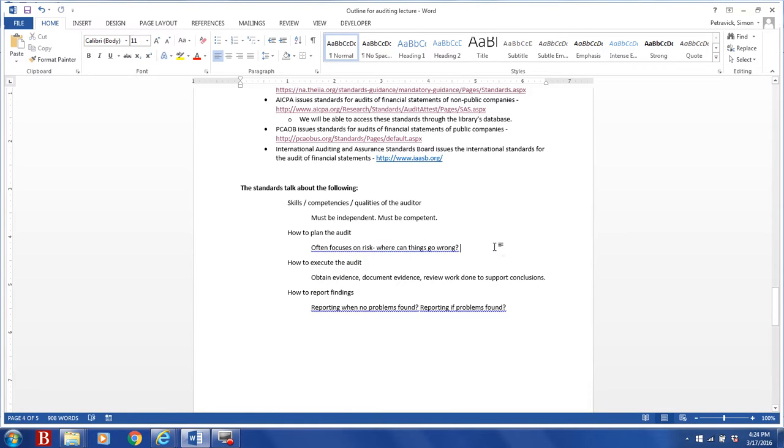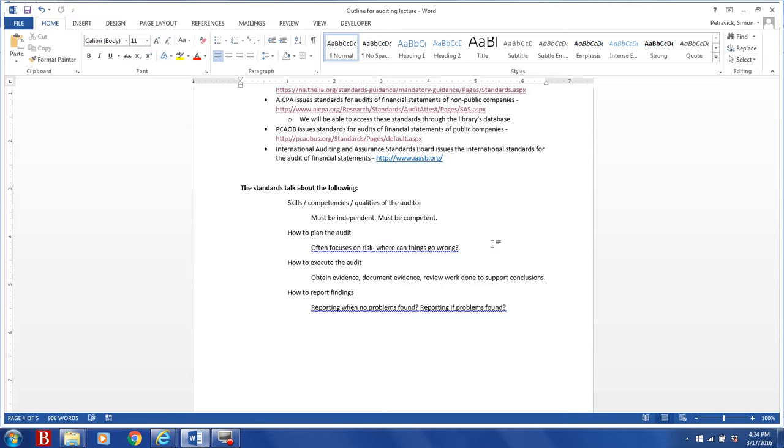So for example, how do you make a decision about what to audit? In the case of financial statements, an organization would be more likely to misstate an account that is based on judgment rather than facts.